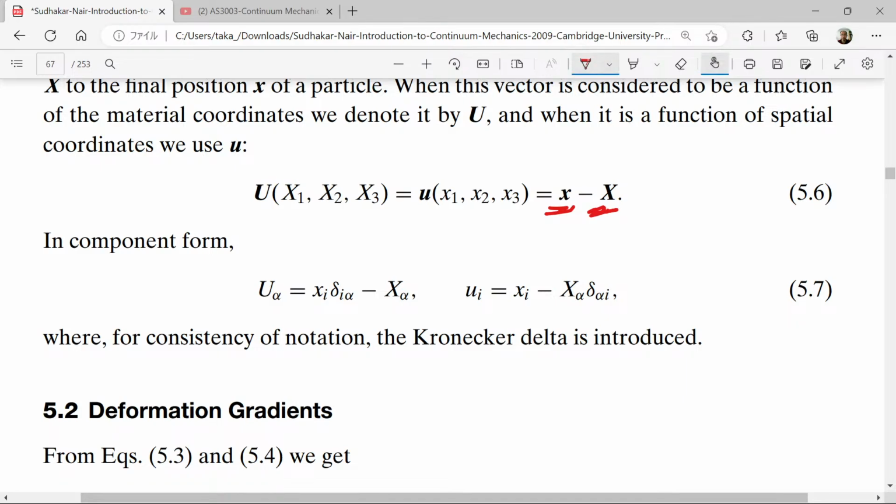This is interesting. Is this so simple? Where for consistency of notation, the Kronecker delta is introduced.